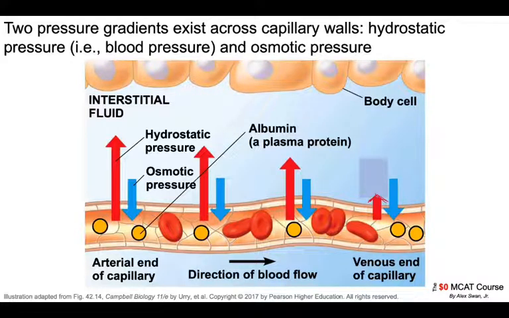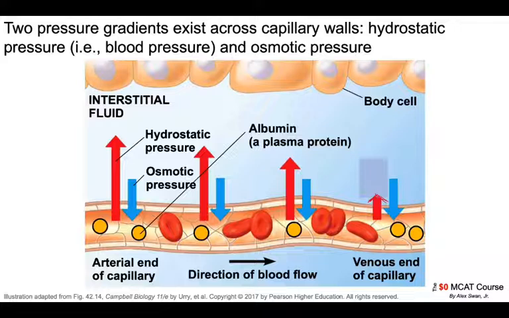And we also see that in this blood, we have not just these red blood cells, but we have albumin, which is a plasma protein. Now, it turns out that albumin, these proteins that I've drawn here, are essential in maintaining this osmotic pressure gradient.